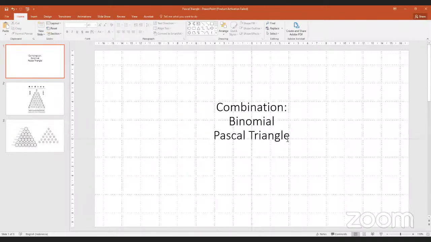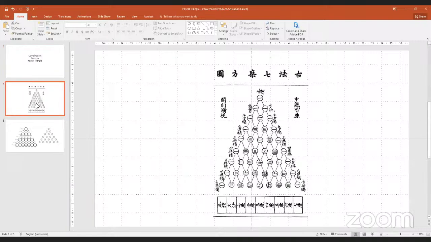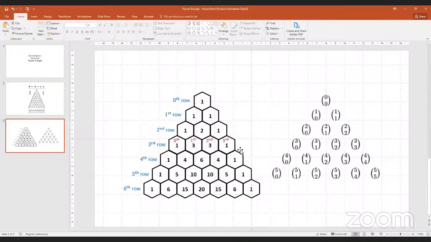That is the same person who discovered this one. But actually, before Pascal, the Chinese already knew that. The Chinese documentation is from a very long time before Pascal. Actually, it looks like this.